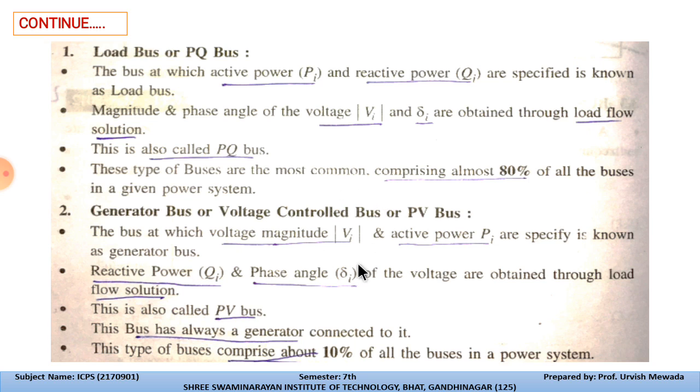This bus always has a generator connected to it, so that's why it is also called the PV bus. We are transferring voltage, sending it from the sending end of the transmission system with the help of the generator. This type of bus comprises about 10% of all the buses in the power system. The rest of the buses are connected with links and loads.